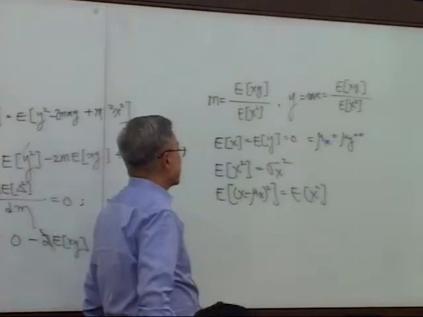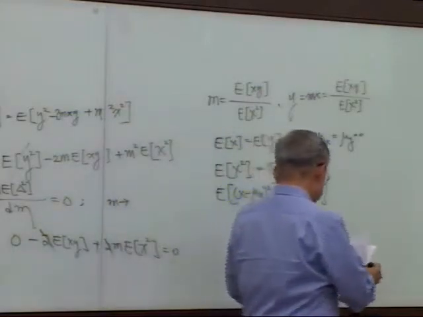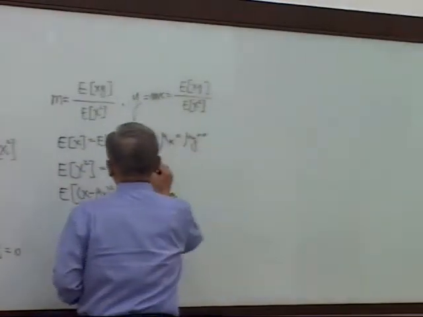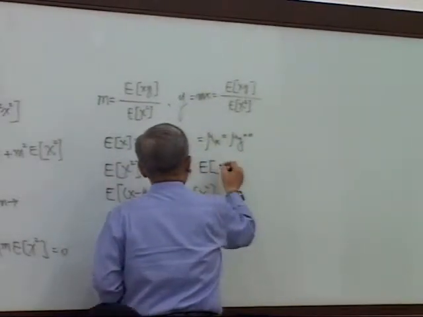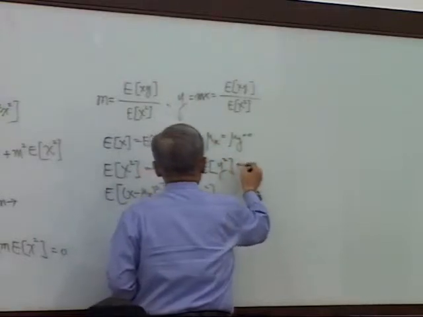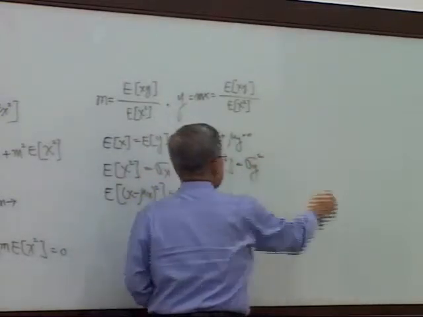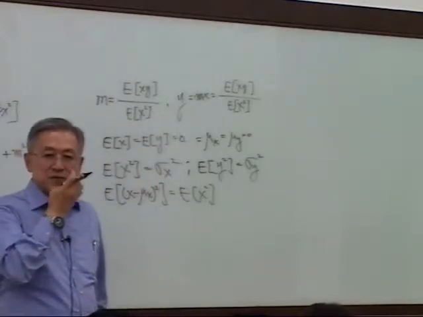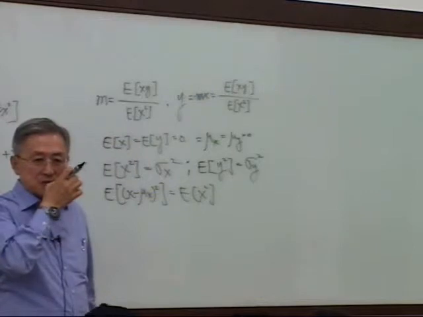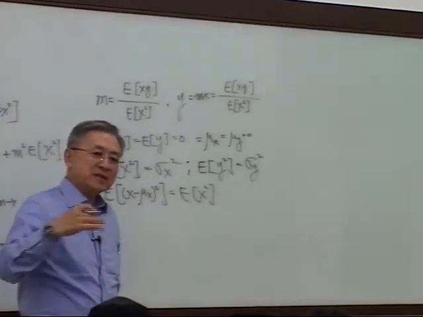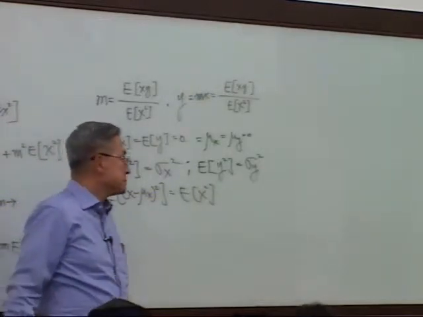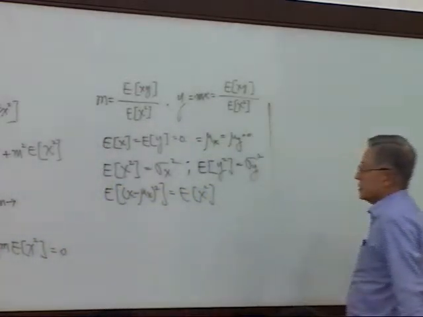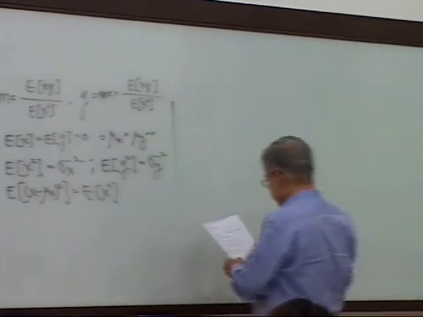So you can do that. You can simplify the equations now. And in the same way, E[y squared] is equal to sigma y squared. It is a simplification for solving the problem and adding the effect later, rather than messing around from the beginning.